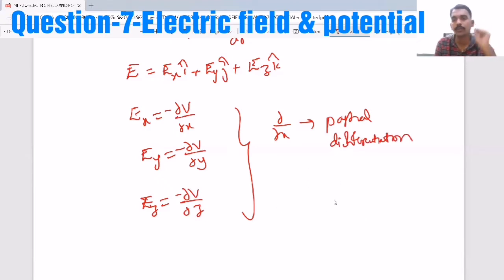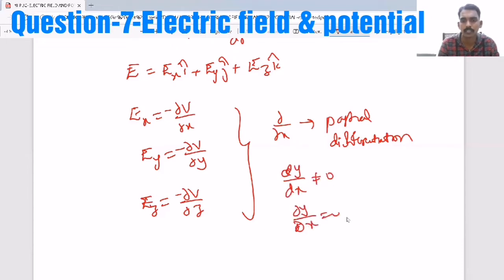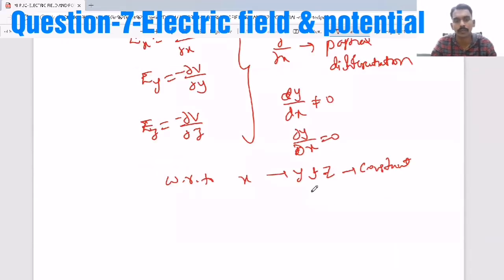Now what is the difference between differentiation and partial differentiation? See, dy by dx is not 0, but dou y by dou x is 0. That means with respect to x, y and z are constant when you do partial differentiation. But when you do the differentiation with respect to x, y and z are also variables.